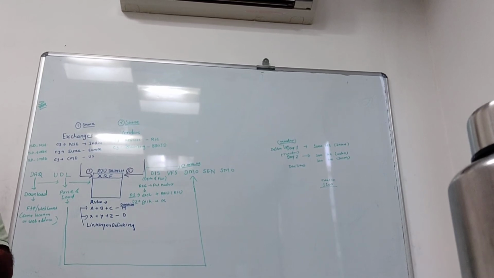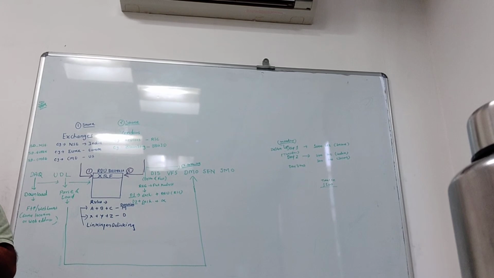And now your question should be: why is this happening? Why are these updates coming? Because in some cases, somewhere a corporate action is happening. So there is one more thing linked to it, that is corporate action. What is corporate action? I will give you detail afterward. But when the corporate action happens, I'm expecting those updates from the exchange, and I'm expecting them from the vendor as well.